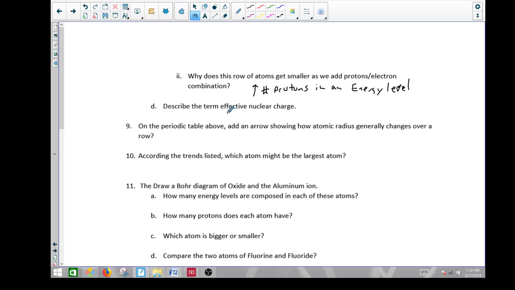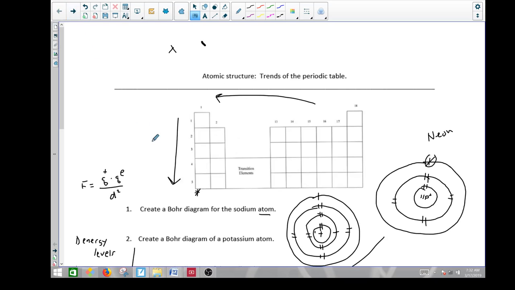Now, describe the term effective nuclear charge. All right, so when we go on our periodic table, let's take a look at maybe this guy right here. Someone can say, as you go down the rows, you should get smaller because there's more protons. And or someone will say you might get bigger because you're adding energy levels. So the term effective nuclear charge only works when we're comparing within a row of the periodic table.